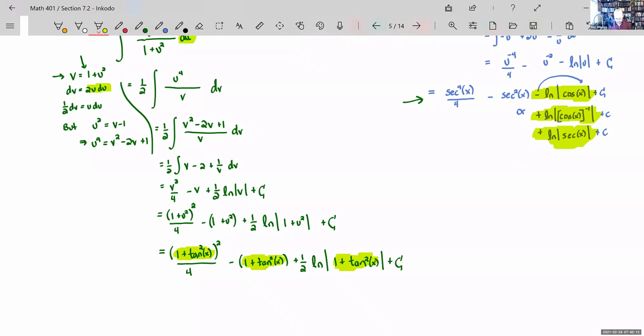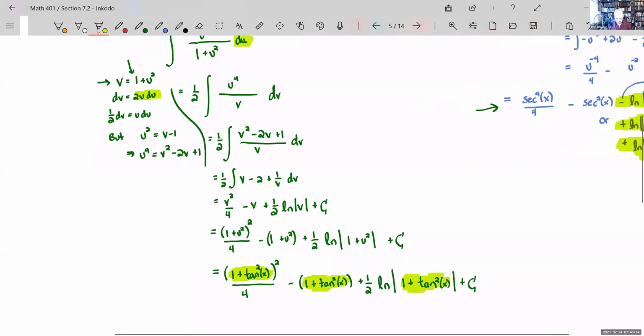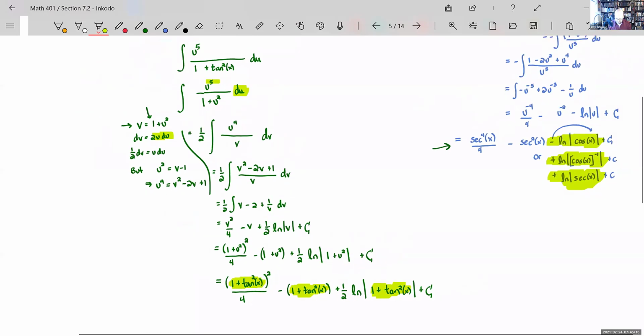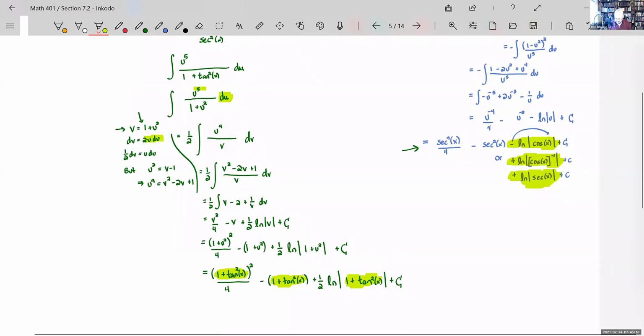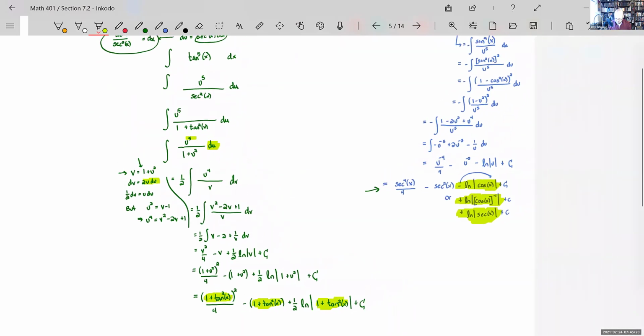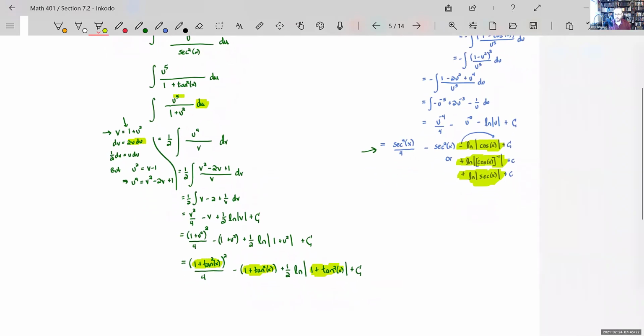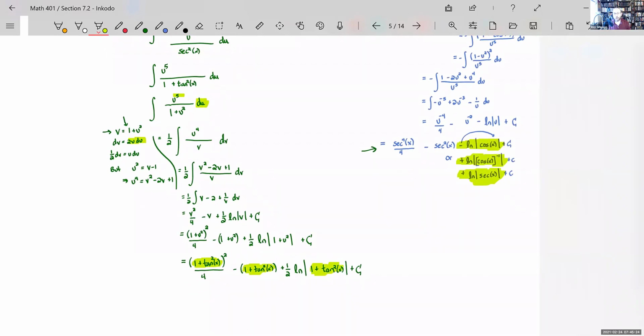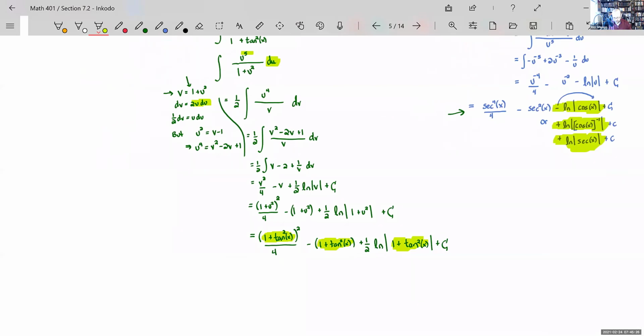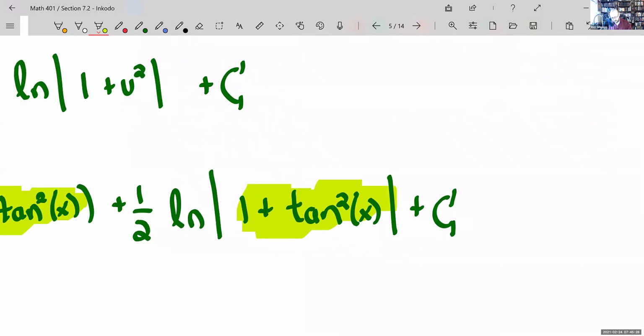Let's see, anything else that I want to say? I don't think there's anything else I need to say about that. Yeah, quite a bit going on. Oh, it's 1/2 natural log of secant squared. Sorry. Thank you. This is secant squared right here. The 1/2 is the half power of it, so that is actually secant. Yeah, that does work out. Yep. Perfect.